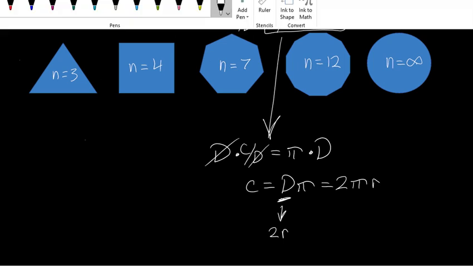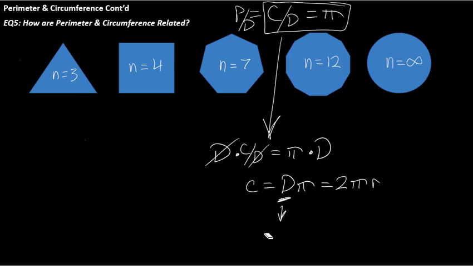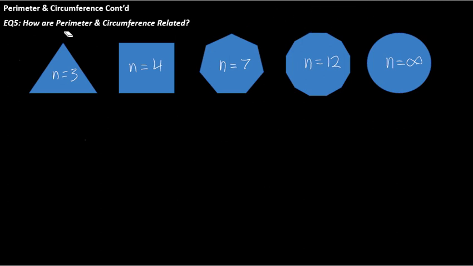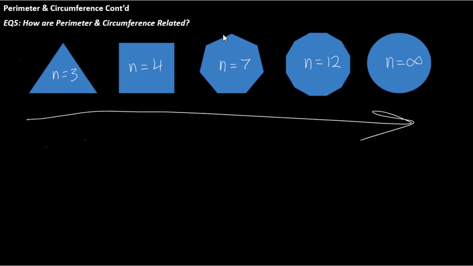Okay, so I digress. Let me get back to my point and show you where this actually comes from. Or this is one interpretation of where it could come from. Okay, so all of these polygons here are regular polygons, meaning all of their sides are the same length.